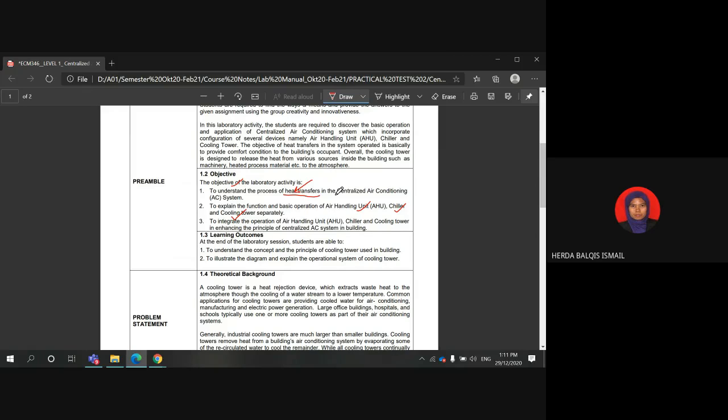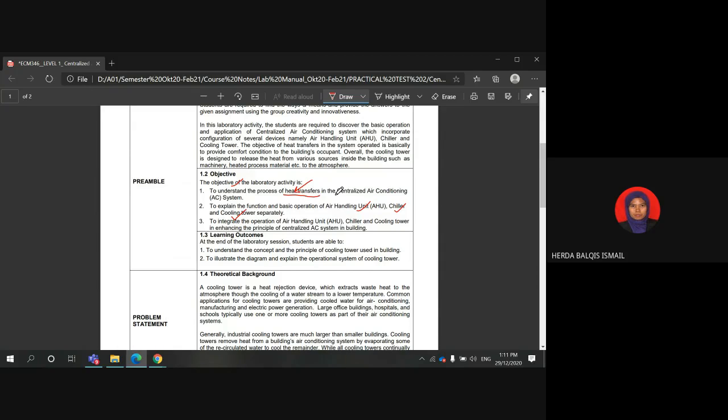For the chiller, what are the main components that form a chiller, and what is the process involved in the chiller itself. Next is the cooling tower. The cooling tower is basically outside, outdoor.